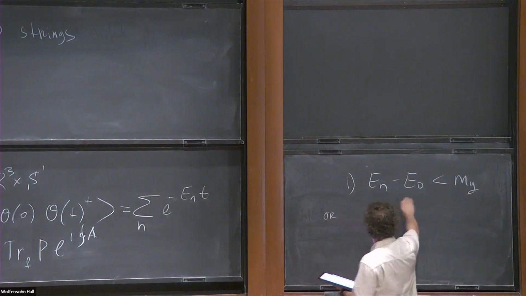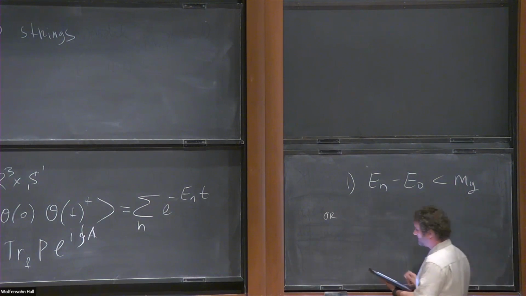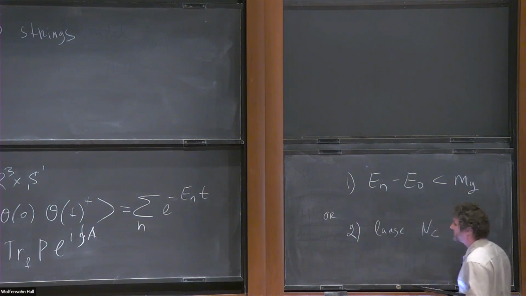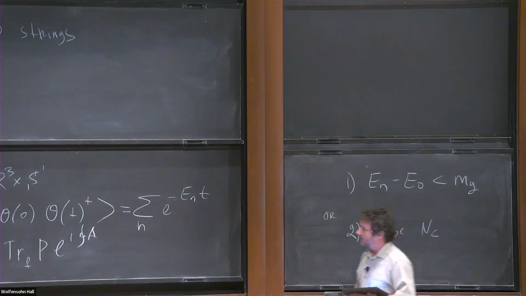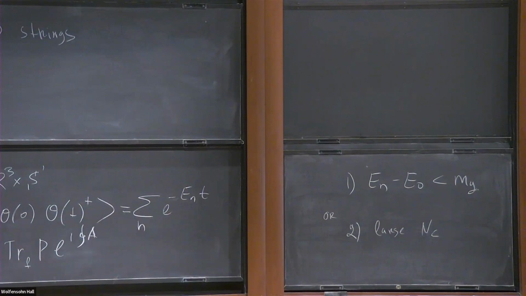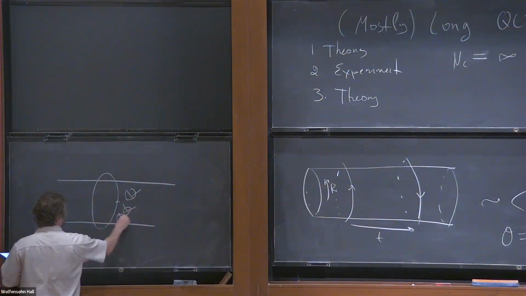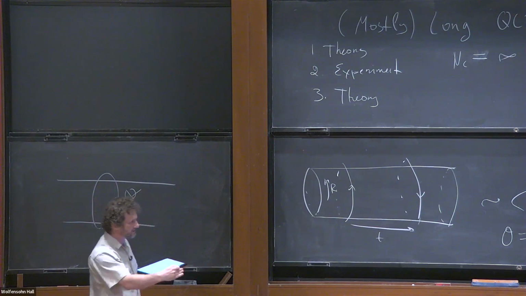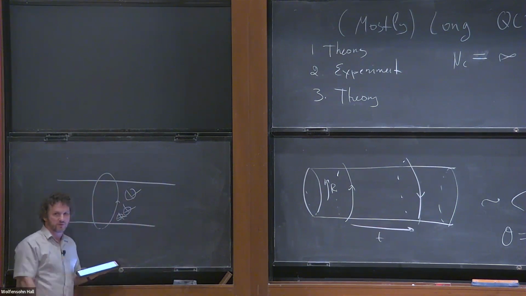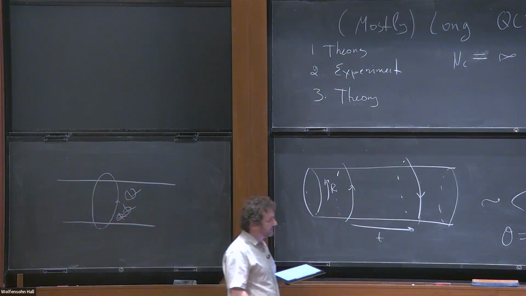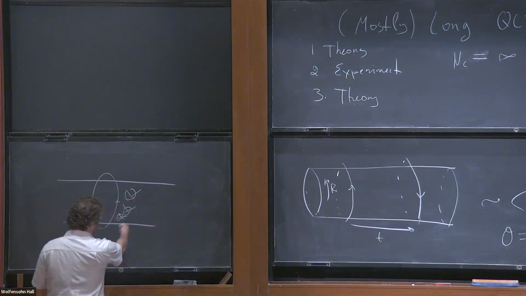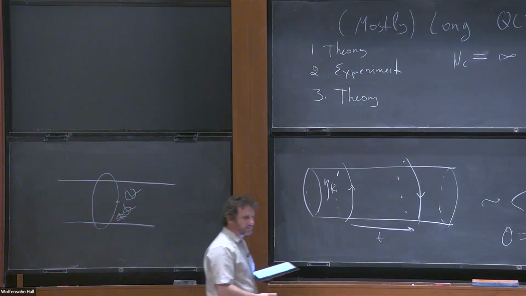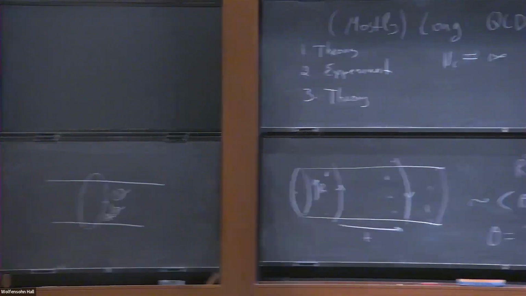Or one may consider a regime where there is no limitation like that, but taking the large N_c limit. So in both cases, the contributions of these additional closed strings are not there. In the first case, just purely kinematically, so there is not enough energy to produce a glueball in the bulk. And in the second case, because these kinds of states correspond to multi-trace operators, which don't mix with single trace in the strict planar limit.